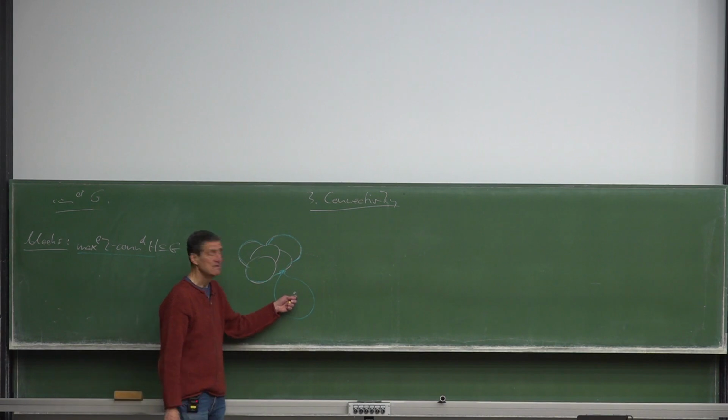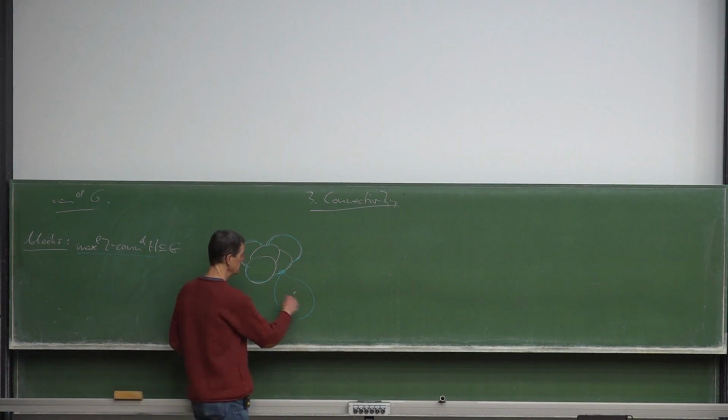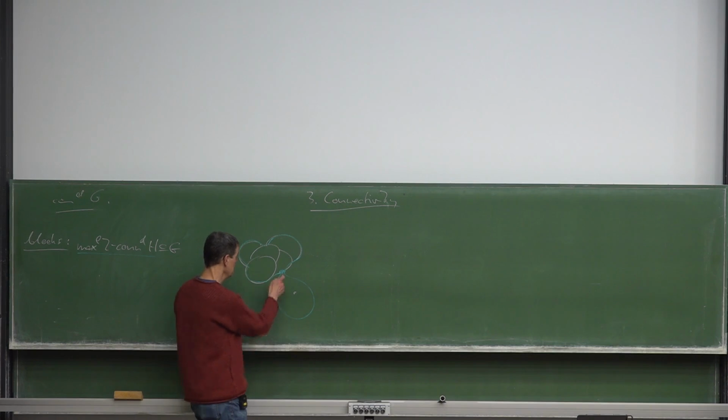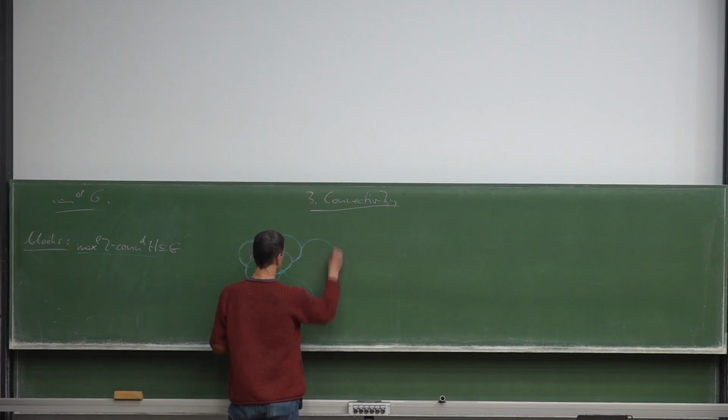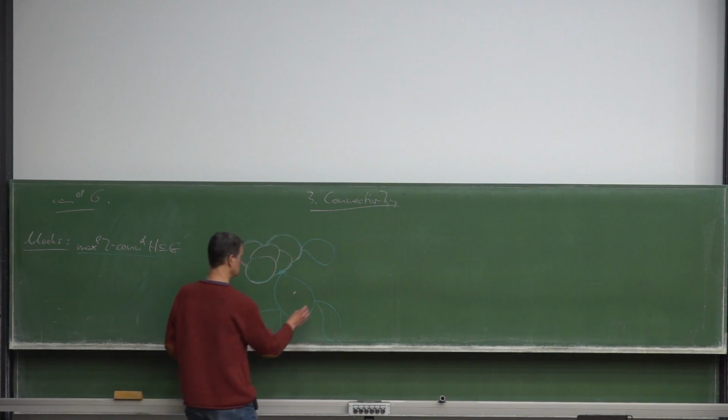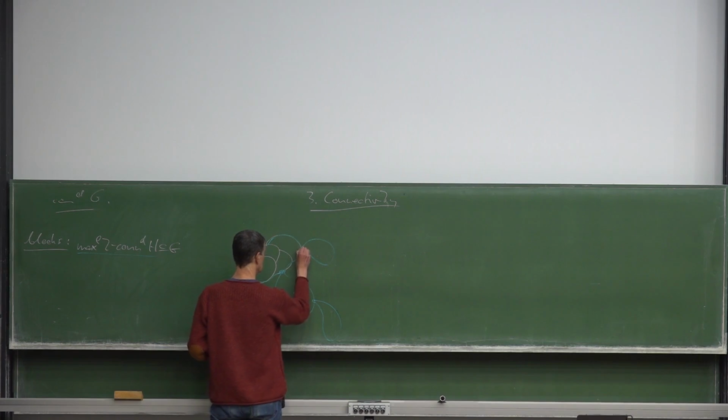If we take a maximal two connected subgraph containing this one, suppose it exists, it might not exist. Then this building block can hit this building block only in one vertex, because if they met in two vertices, then the whole thing would be two connected, contradicting both maximalities. So we might get something like this.